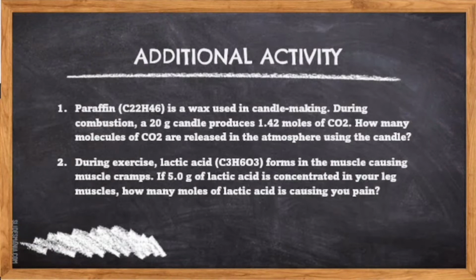How many molecules of carbon dioxide are released in the atmosphere using the candle? Number 2, during exercise, lactic acid forms in the muscles, causing muscle cramps. If 5.0 grams of lactic acid is concentrated in your leg muscles, how many moles of lactic acid is causing you pain?